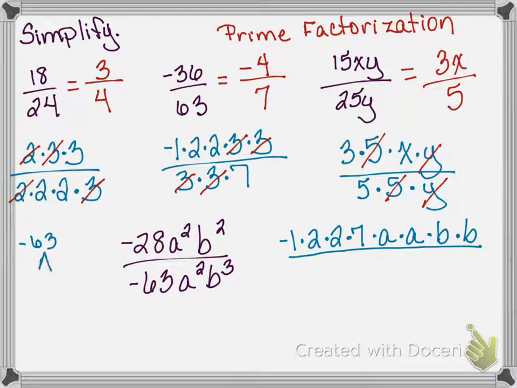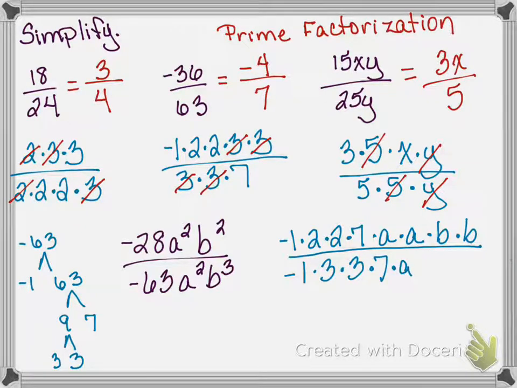Okay, and we've already done 63, so you might not have needed to do it again. What is 63? Good. 9 and 7, and then we have 3 and 3. So negative 63 is negative 1 times 3 times 3 times 7. Then I have A squared. That's A times A. And then I have B times B times B.